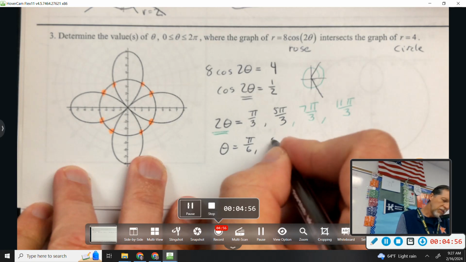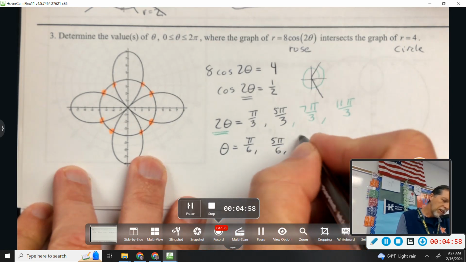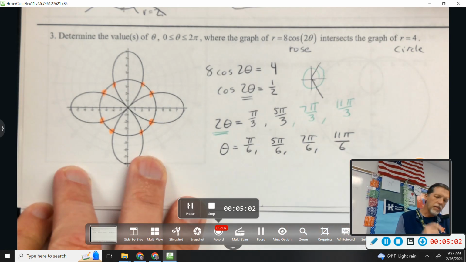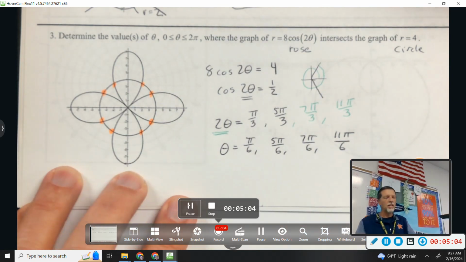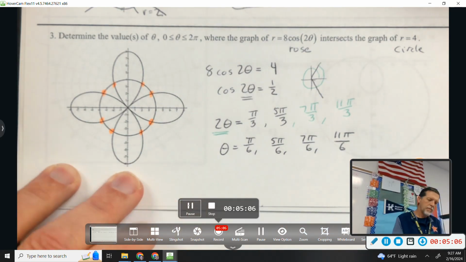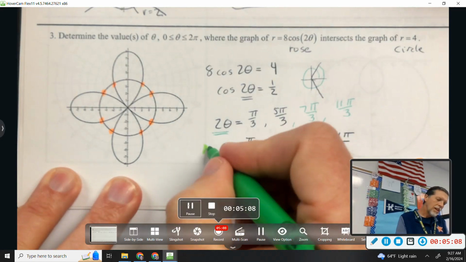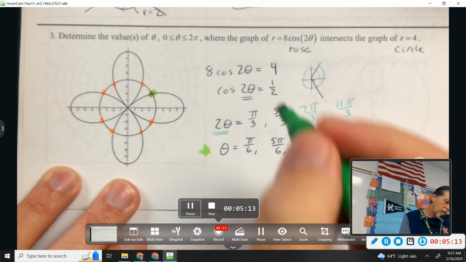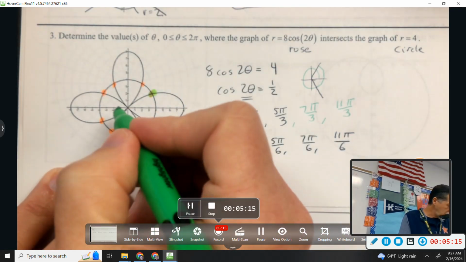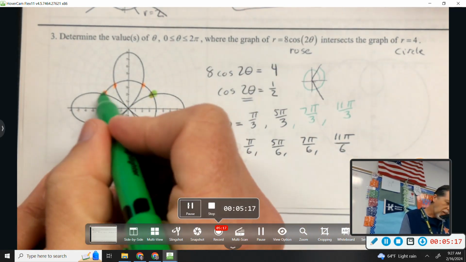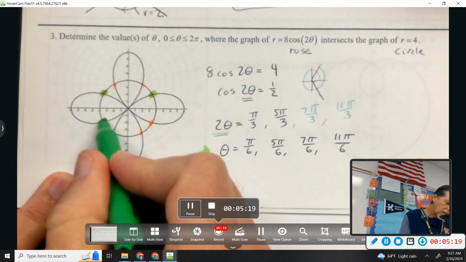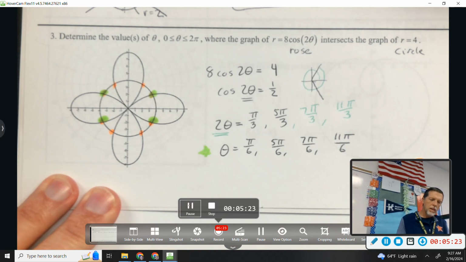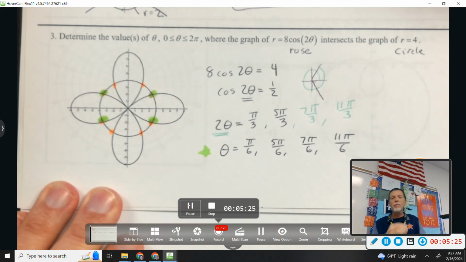So pi over 6, 5 pi over 6, 7 pi over 6, 11 pi over 6. Something's not quite adding up here. I don't think my answers are wrong, but I've only got 4 answers.